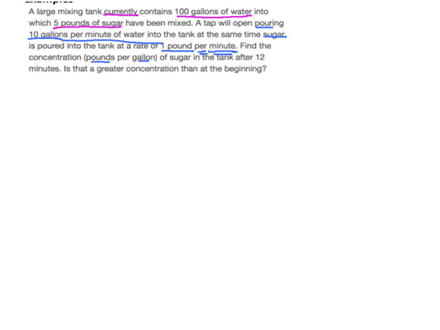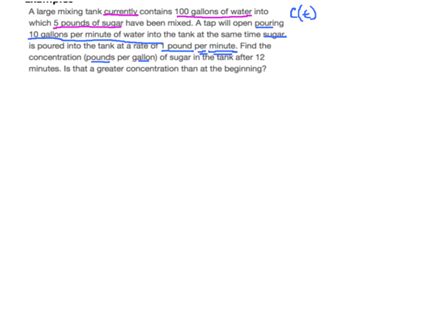Those are linear relationships. Those have a constant relationship of coming in at 10 gallons per minute and 1 pound per minute. So that's why they're linear, because that change is constant.